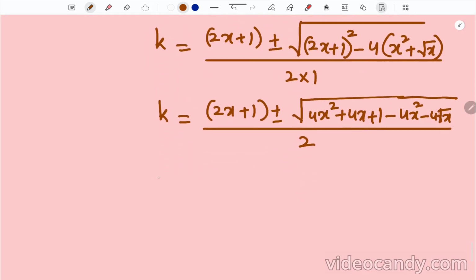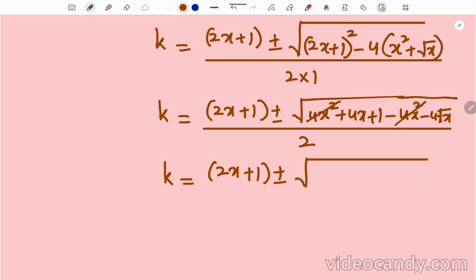Okay, now let us simplify further. k equals 2x plus 1 plus or minus root of, here you can observe that whatever you have in the square root, 4x square cancels. The remaining part you can write as 2 root x minus 1 whole square. You can simplify and check that. Okay, by 2 is by 2, that's it.